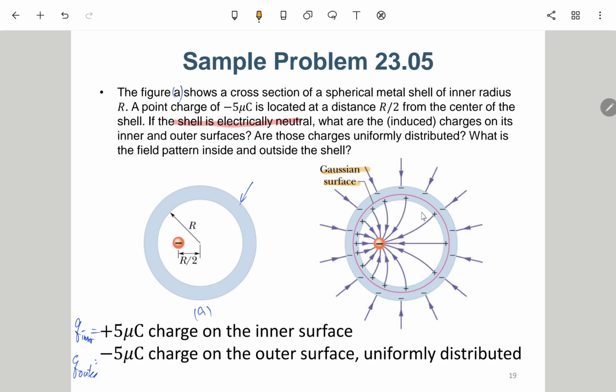So if I define the Gaussian surface to be like this, there's no E field in the conductor.